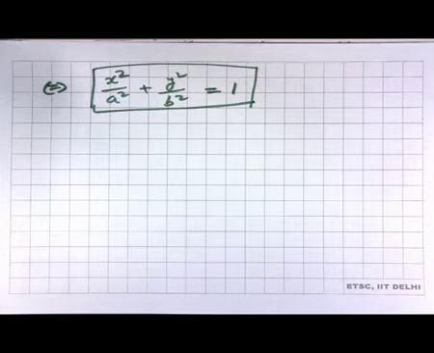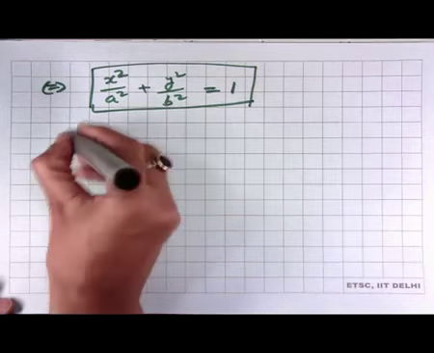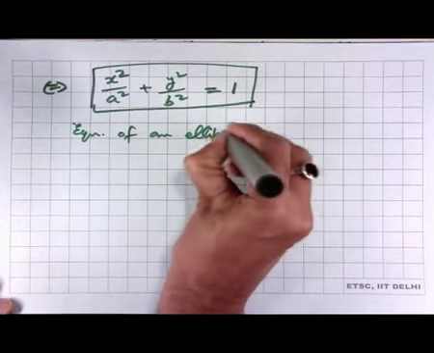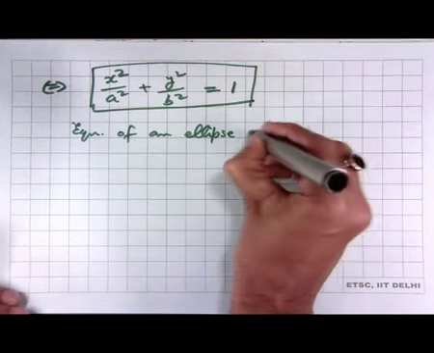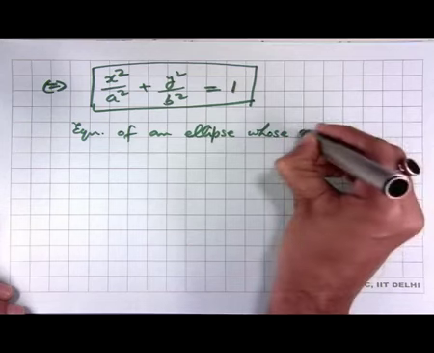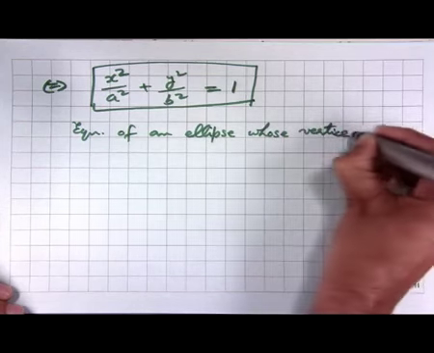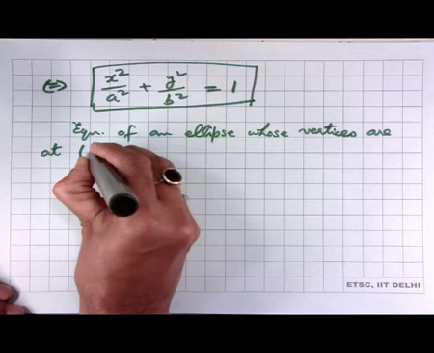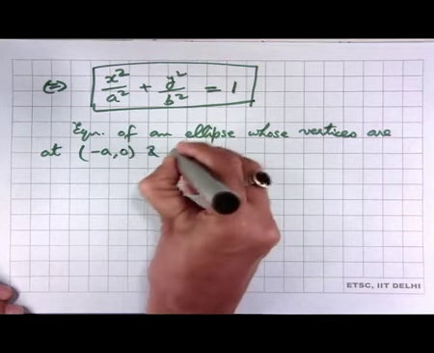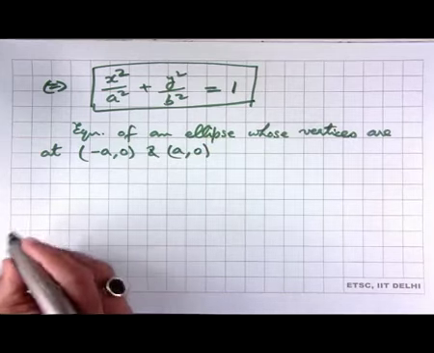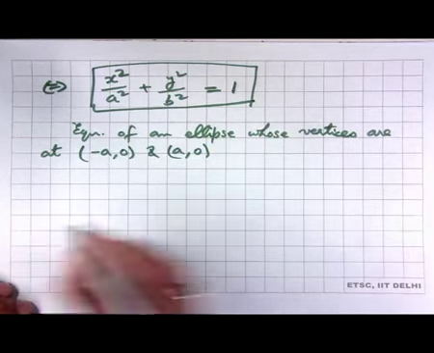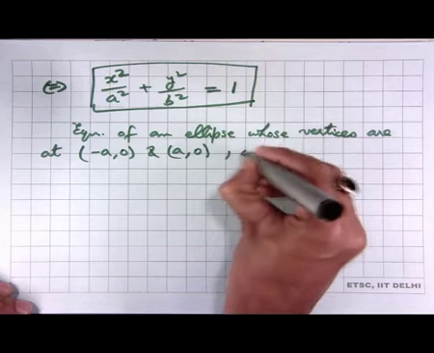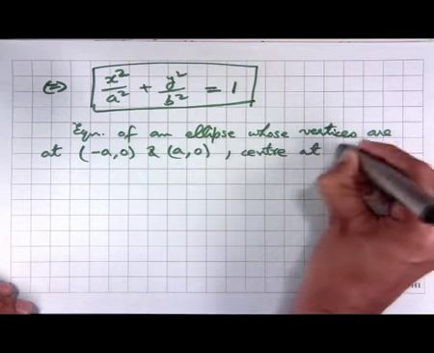So, this we have obtained as the equation of an ellipse whose vertices are at (minus a, 0) and (a, 0), and center, of course, in this case at the origin (0, 0).